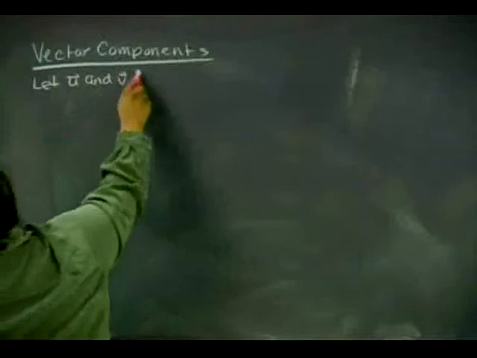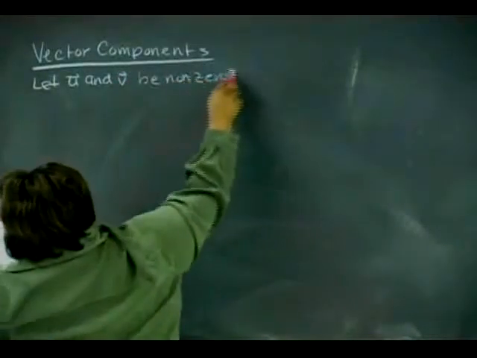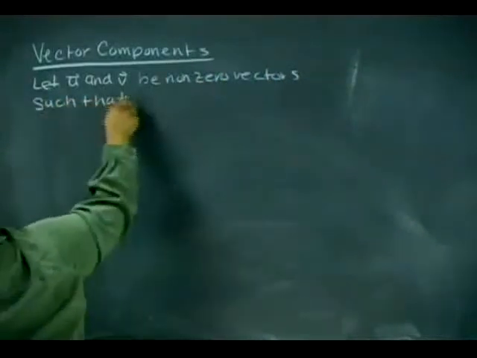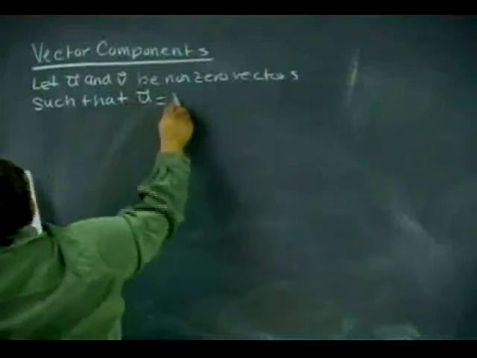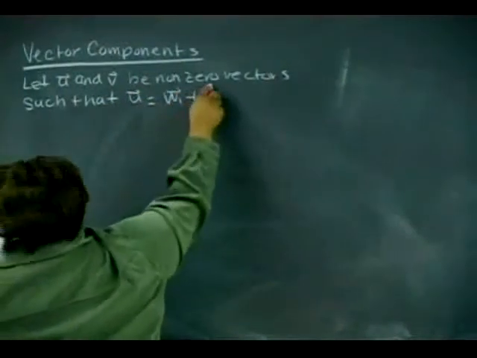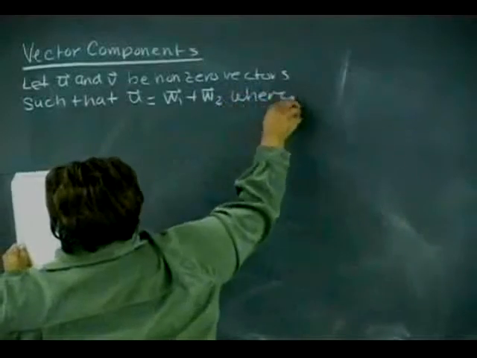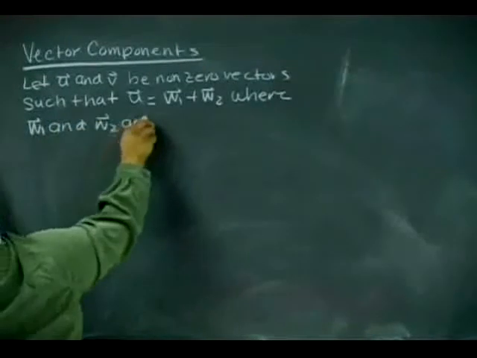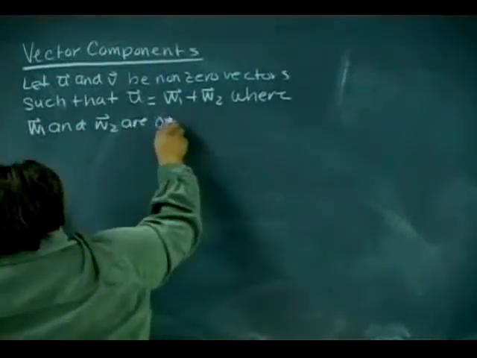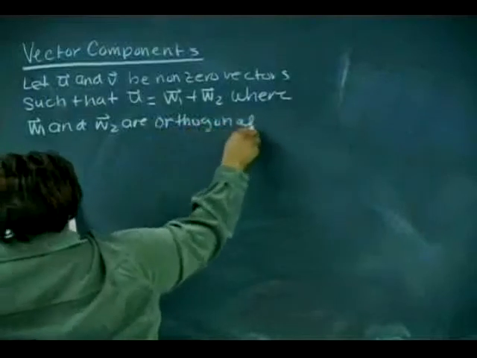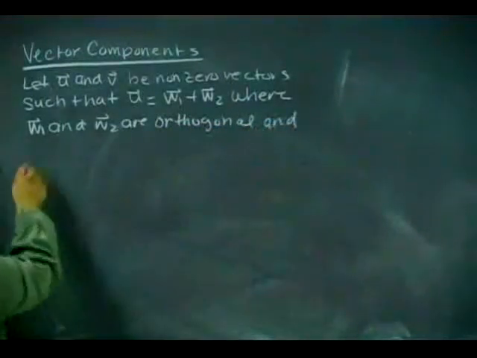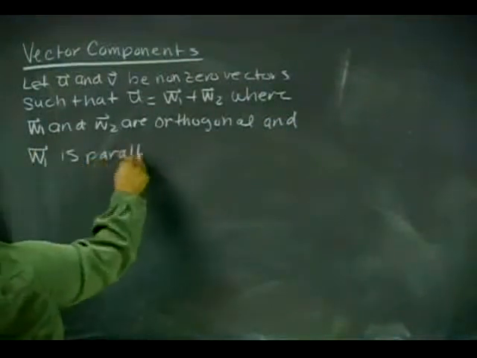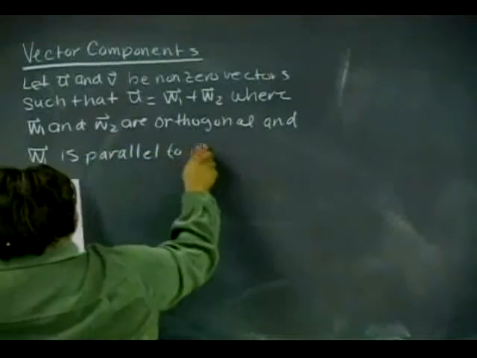Let U and V be non-zero vectors such that U is W1 plus W2, where W1 and W2 are orthogonal, and W1 is parallel to V.